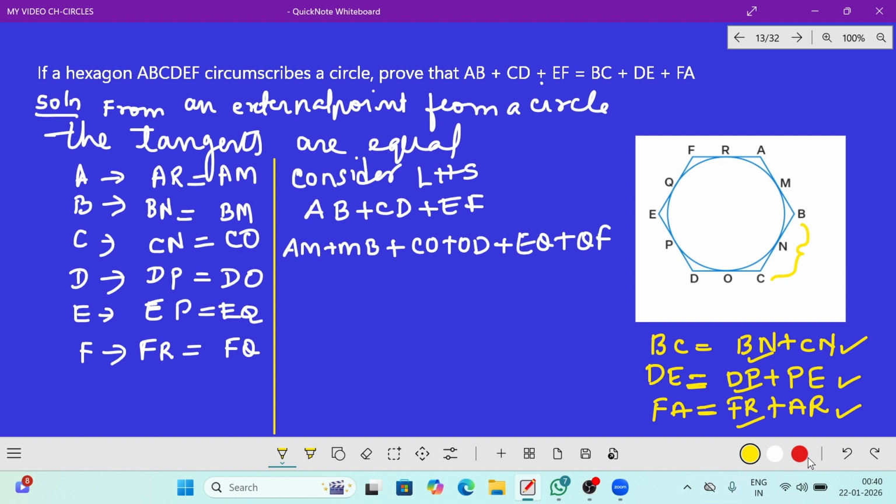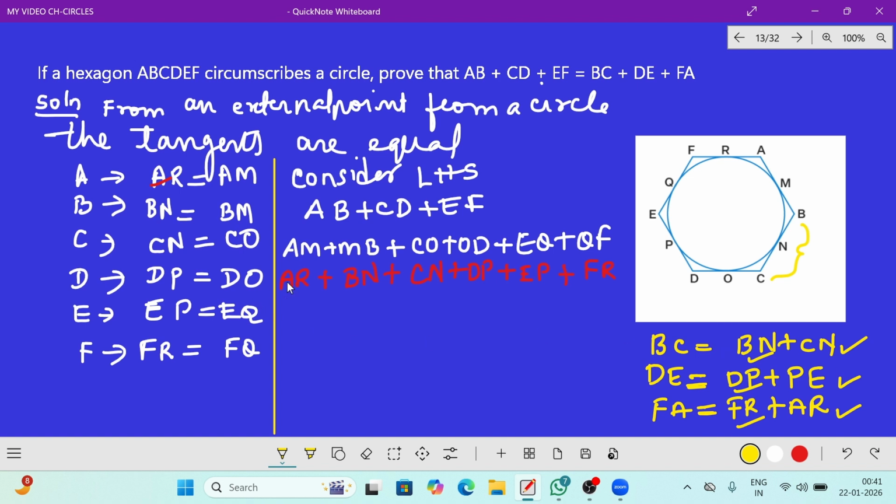In the place of AM I will put AR, in the place of MB I will put BN, in the place of CO I will put CN, in the place of OD I will put DP, in the place of EQ I will put PE or EP, and in the place of QF I will put FR.